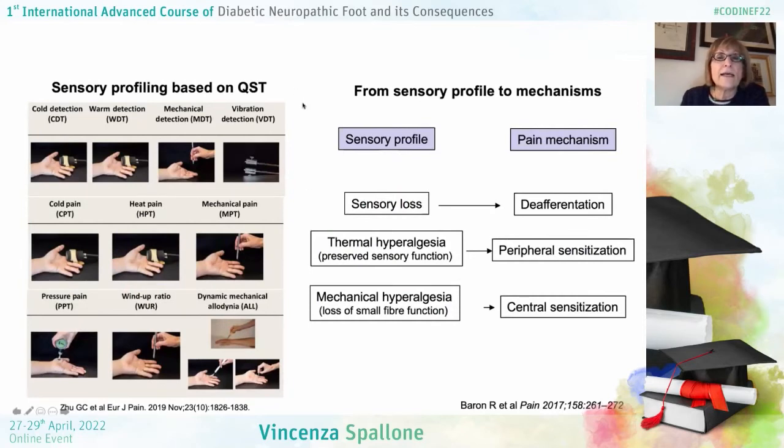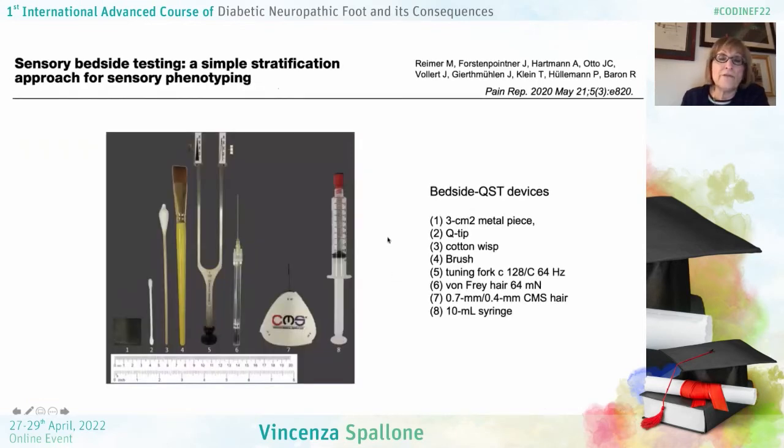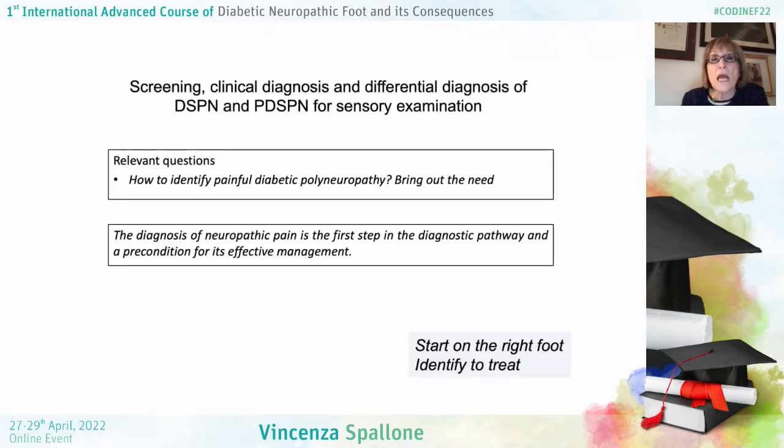And so there are attempts at sensory profiling based on QST and to derive pain mechanism as differentiation from sensory loss, peripheral sensitization from thermal hyperalgesia, central sensitization from mechanical hyperalgesia. And another development is to use bedside QST devices to define these sensory profiles and pain phenotypes.